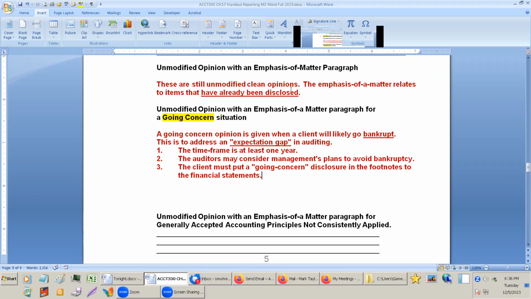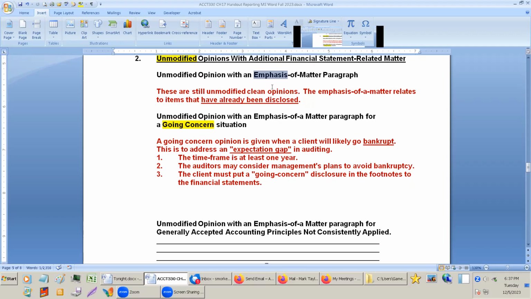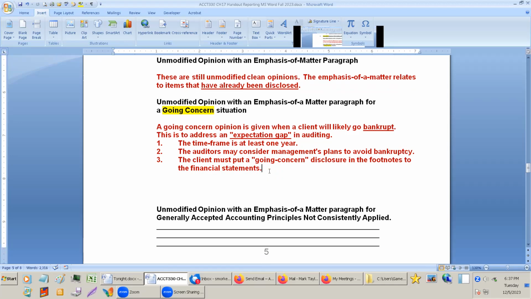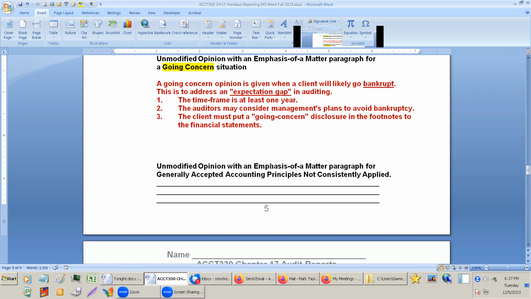That's why this is an emphasis of the matter. It'll be in the footnotes, but we'll emphasize it in the report. Any question on that?